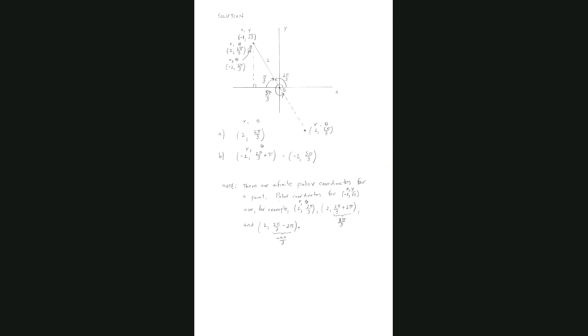What I've done is I've drawn a picture of the Cartesian coordinate -1, √3. This is your Cartesian coordinate. Now, of course, for that Cartesian coordinate, we need to figure out what theta is, right?